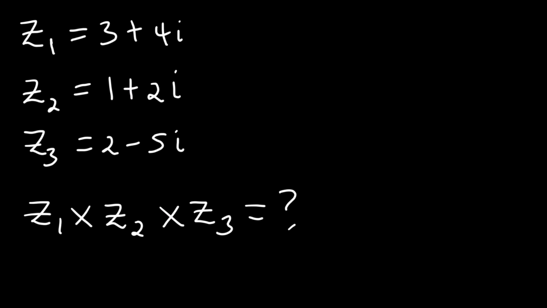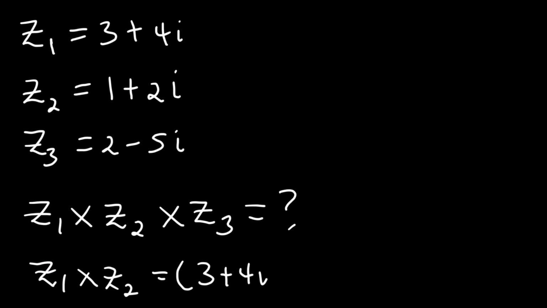Now in this case, it's better when we first work with z1 times z2, and then the result we get, we shall multiply it by z3. So z1 times z2 will be equal to 3 plus 4i and then times 1 plus 2i.